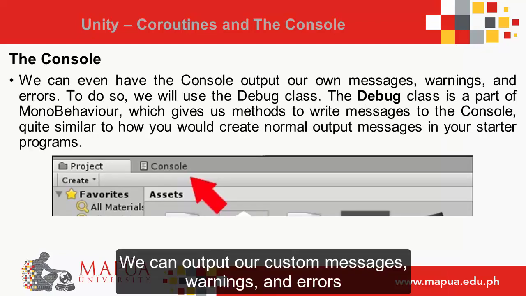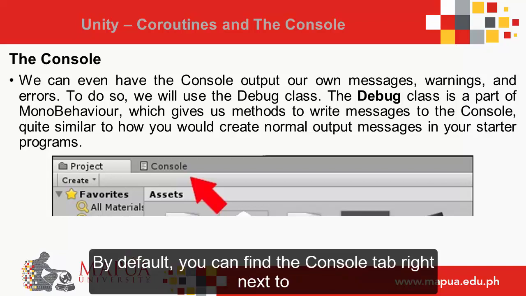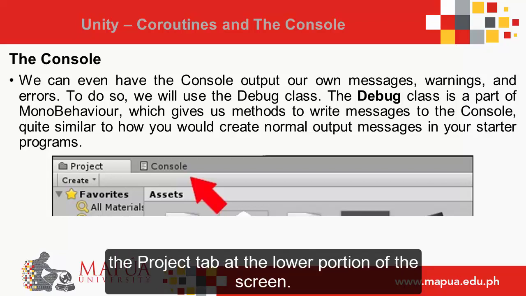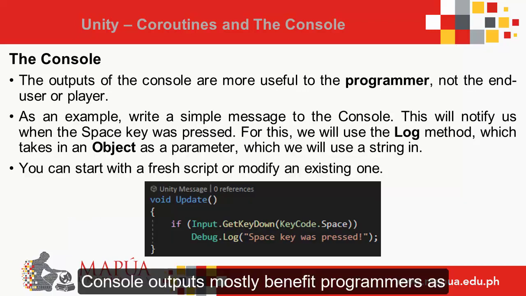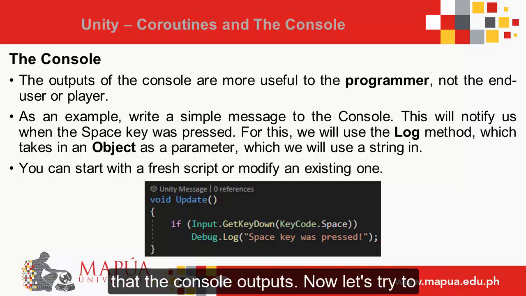We can output our custom messages, warnings, and errors to the console of Unity using the Debug class. By default, you can find the console tab right next to the Project tab at the lower portion of the screen. Console outputs mostly benefit programmers, as they are the ones who can understand and fix the messages and issues that the console outputs.